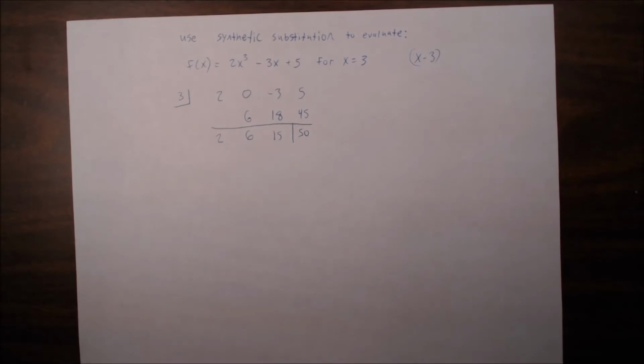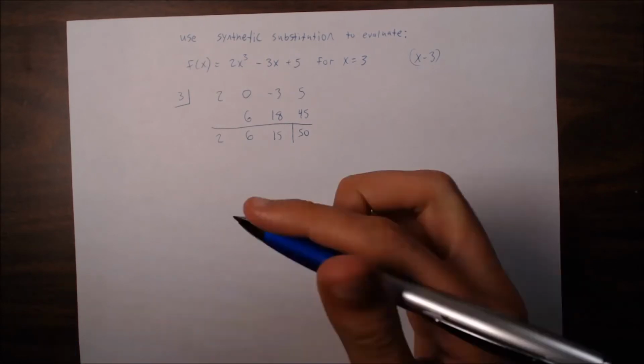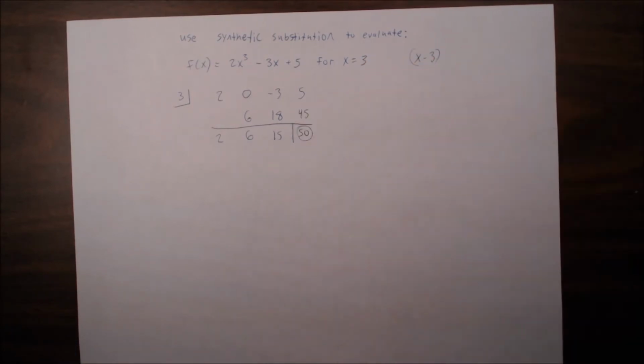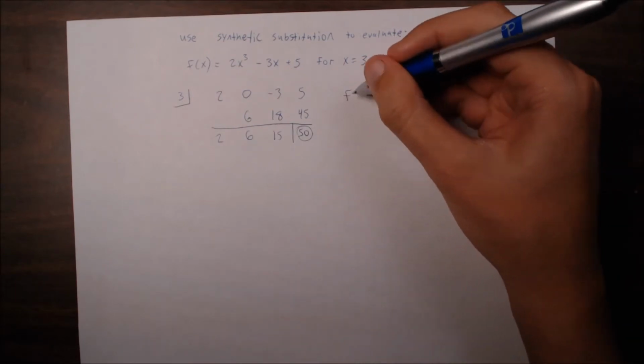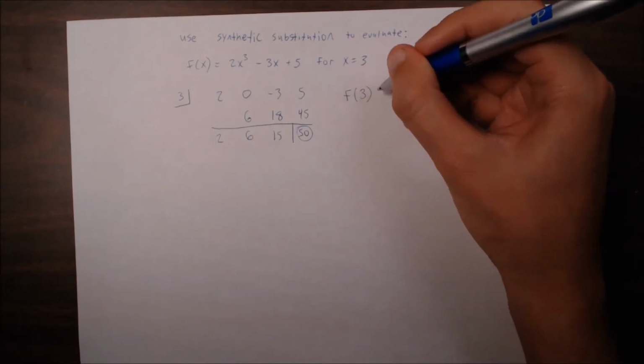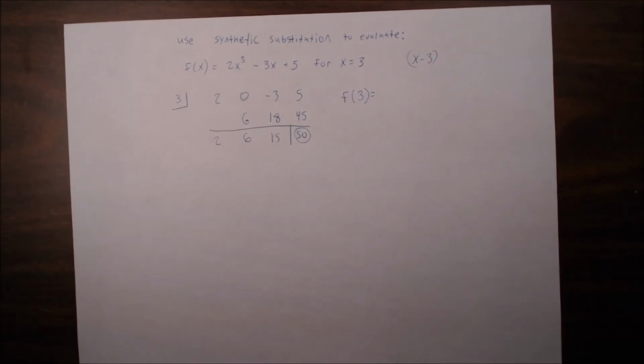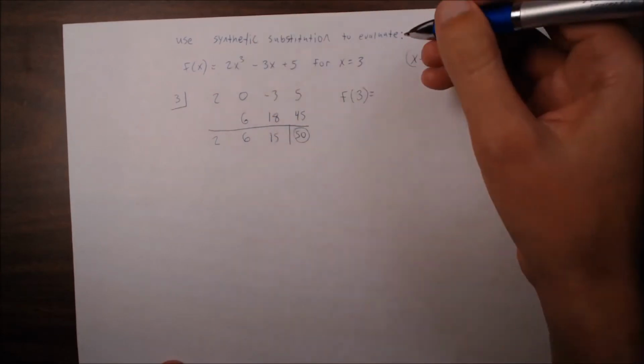That remainder, as it turns out, and this is pretty cool, this is the same thing you would get if you evaluated f of 3. And if you don't believe me, let's do it right now to prove it. So let's plug in 3 and see what we get.